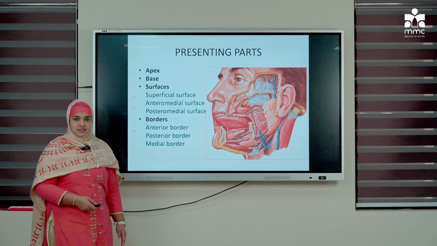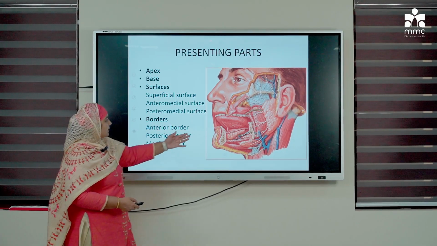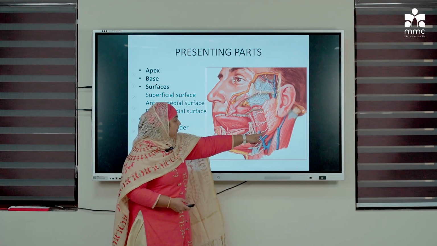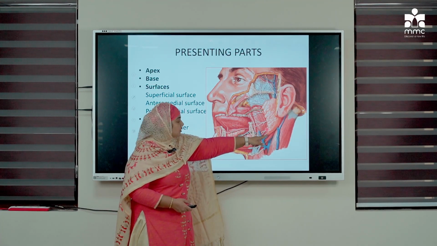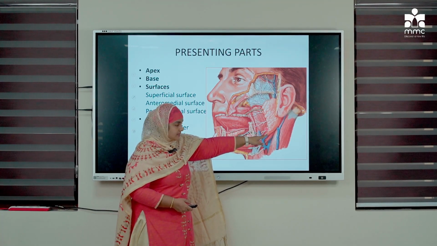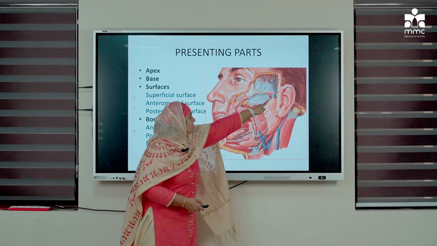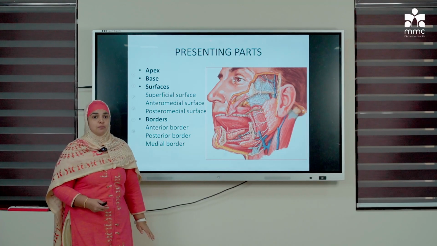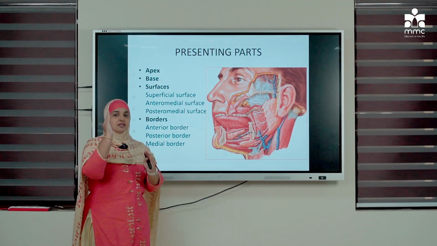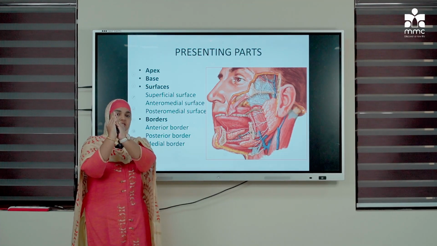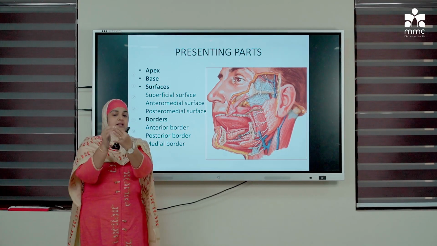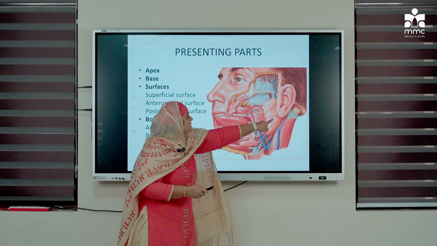The presenting parts. We said that it is in the shape of an inverted pyramid. So here, towards the cervical region, this is the apex, this above is the base, and then we have three surfaces and three borders. If this is a parotid gland, here we have what is called the superficial surface, and that is the superficial surface that we are seeing here.